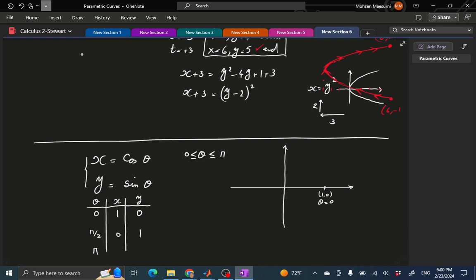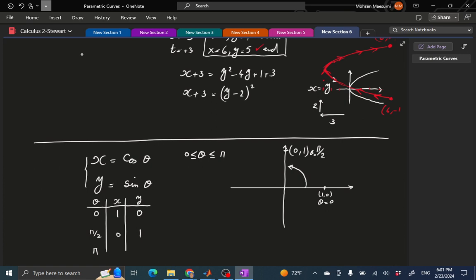Now we can think about theta as the angle by which we are rotating. So instead of using time as an indicator of where we are, we might use the angle by which we have rotated, and then we are specifying where we are right now. So now we have come to the location 0 and 1, and this has happened at theta equal to pi over 2. How about theta equal to pi?